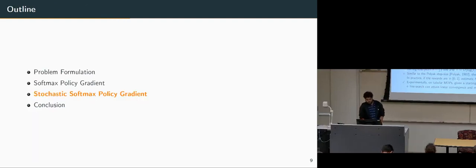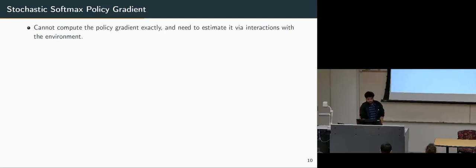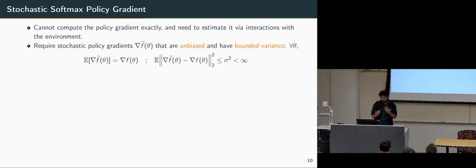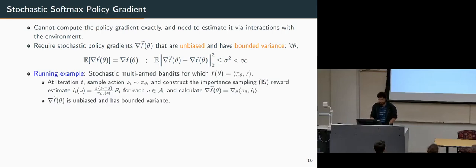Okay. So let's move to the stochastic setting, which is arguably more important. In this setting, we cannot compute the policy gradient exactly and need to do so via interactions. We will require the stochastic policy gradients to be unbiased and have bounded variance. Okay, so these are standard assumptions. Wherever you see a tilde on top of F, that's the stochastic policy gradient.